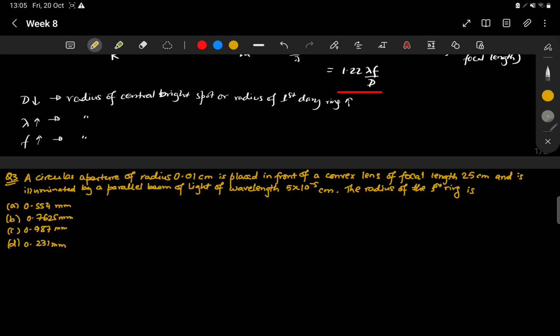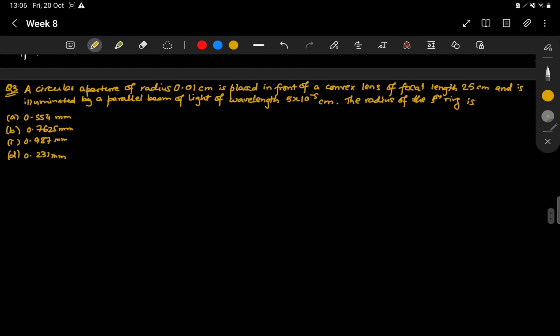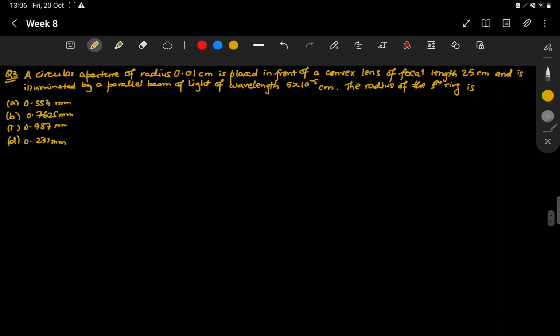Okay, so I will give you about a minute or two to answer. This is a very simple numerical question. It is based on the previous question that we just solved.